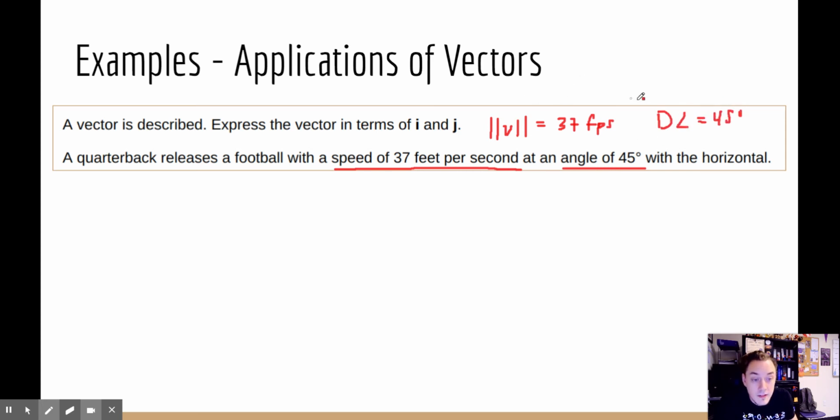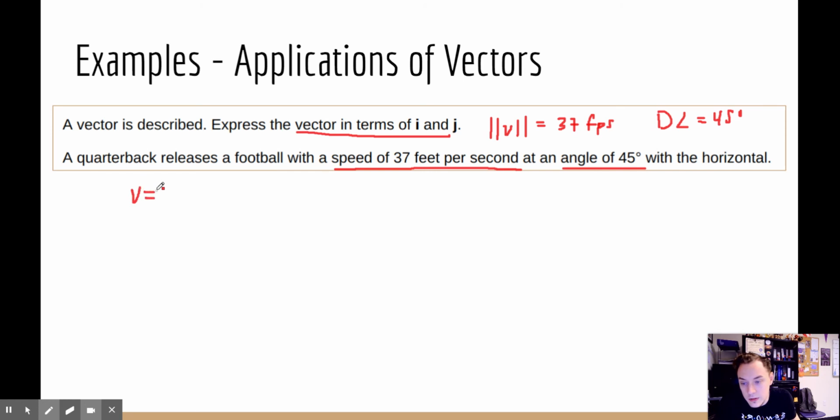All right, so you have both the magnitude and the direction. You want to find the vector in terms of i and j. So we literally just use exactly what we did in the last slide when we translated to a quasi-polar form from trigonometric equations, okay?